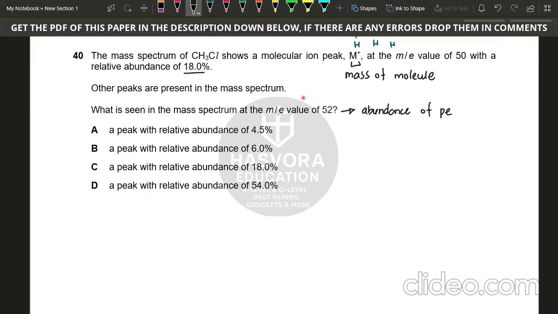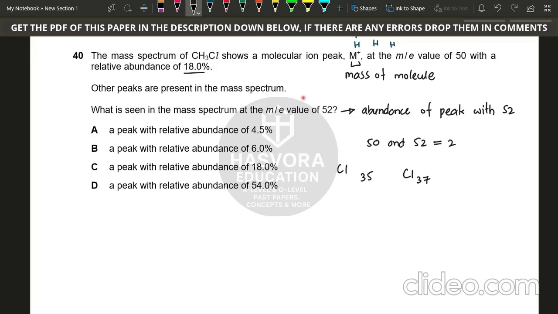of the peak with mass to charge ratio of 52. So now you can say that between 50 and 52 there is a gap of 2. And you can just remember this, that for chlorine we have one isotope that is chlorine 35 and the other one that is chlorine 37, and because of this there is a difference of 2 created between two peaks.